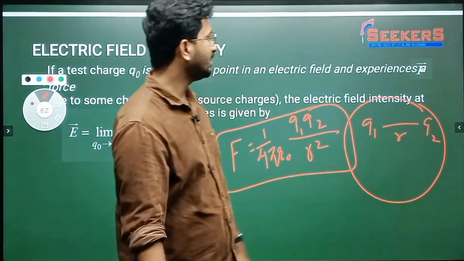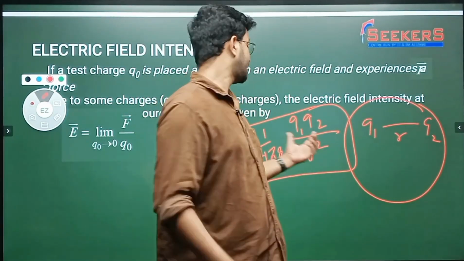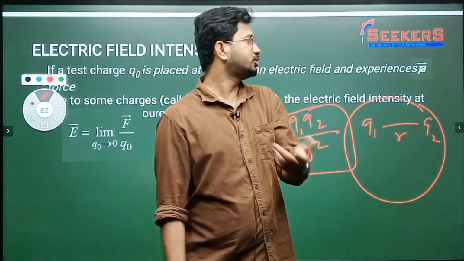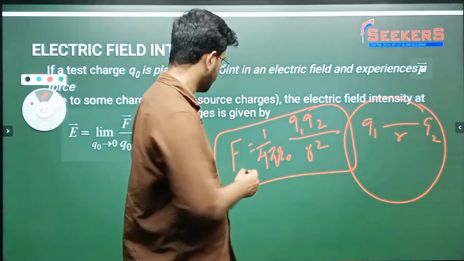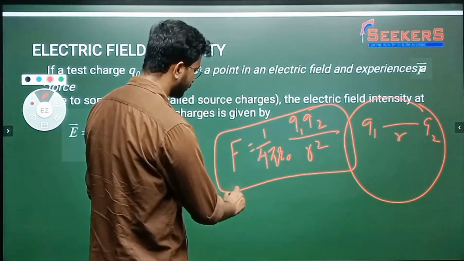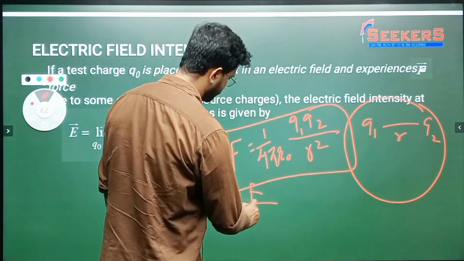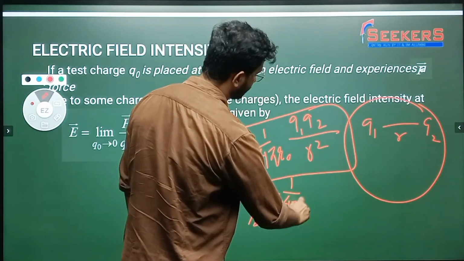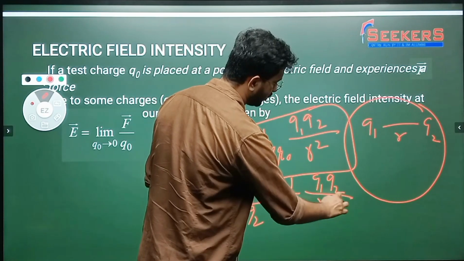Coming back to electric field intensity: it refers to how much force a charged particle, suppose Q1, exerts on a unit charged particle. So basically, it is force per unit charge. Suppose E is the representation of electric field intensity, so E equals F by Q2, which becomes 1 by 4 pi epsilon naught Q1 Q2 by R square into Q2.